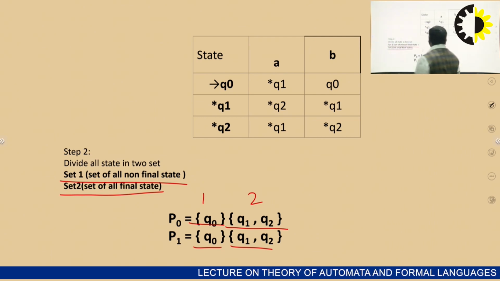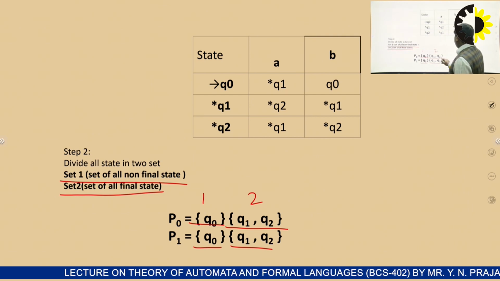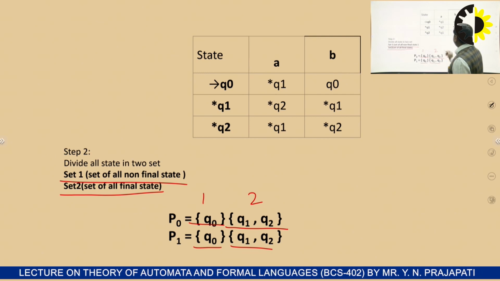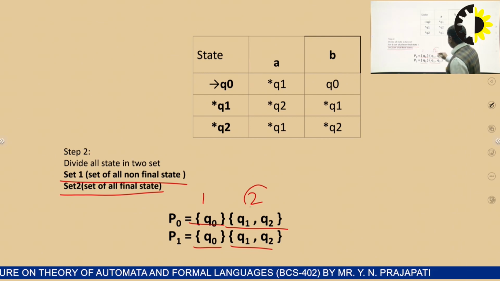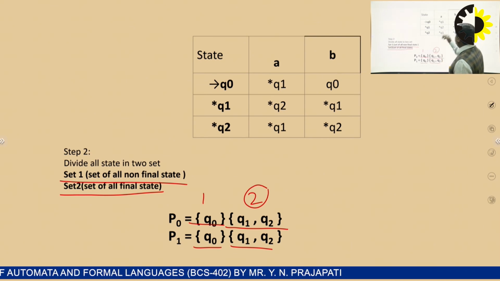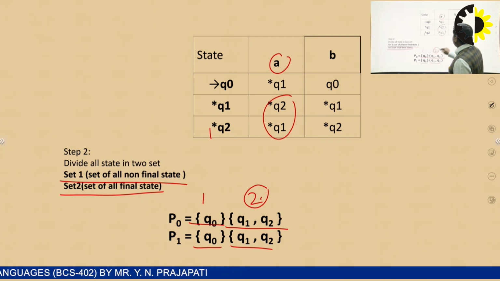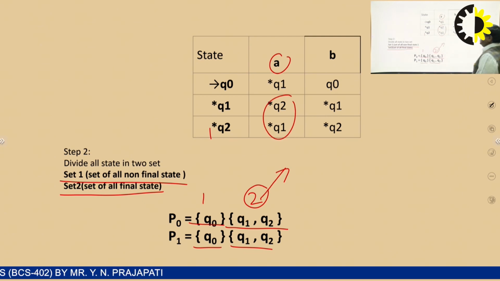We check the transition function of Q1 and Q2. Q1 on A goes to Q2, and Q2 on A goes to Q1, so it means the same set. It means Q1, Q2 for A transition lie in set 2, the same transition function.